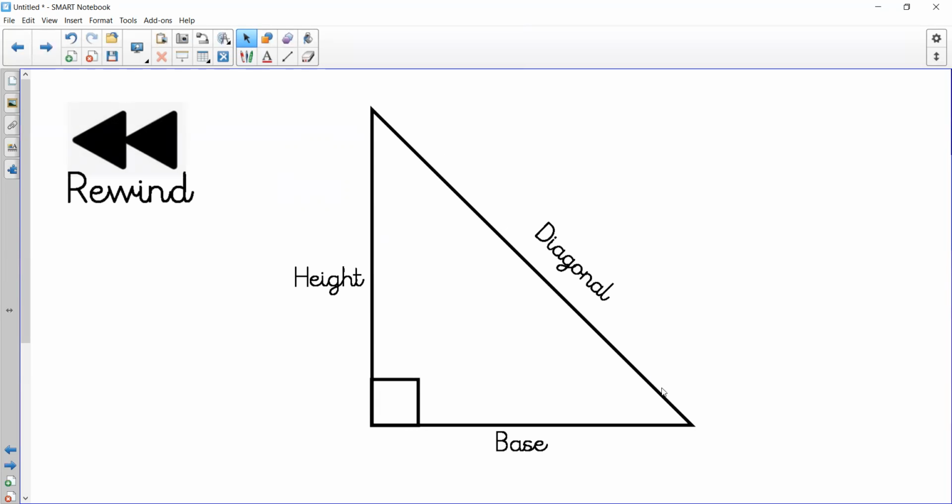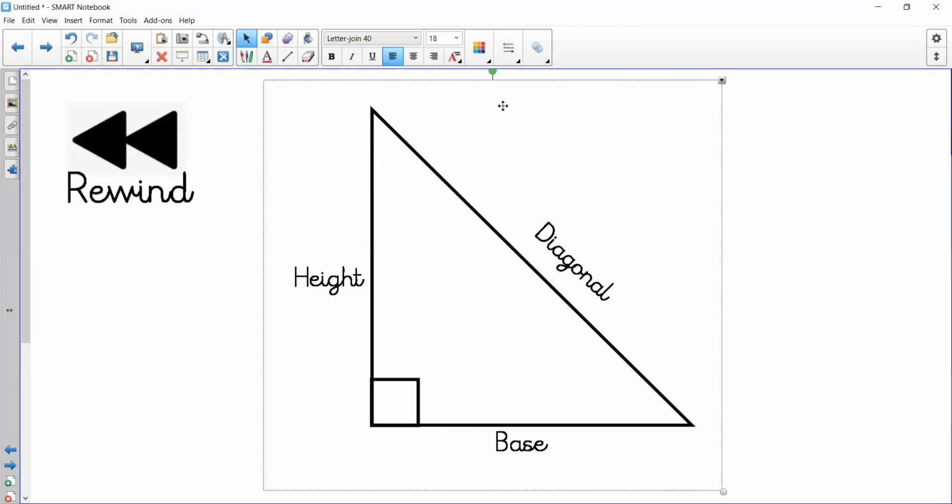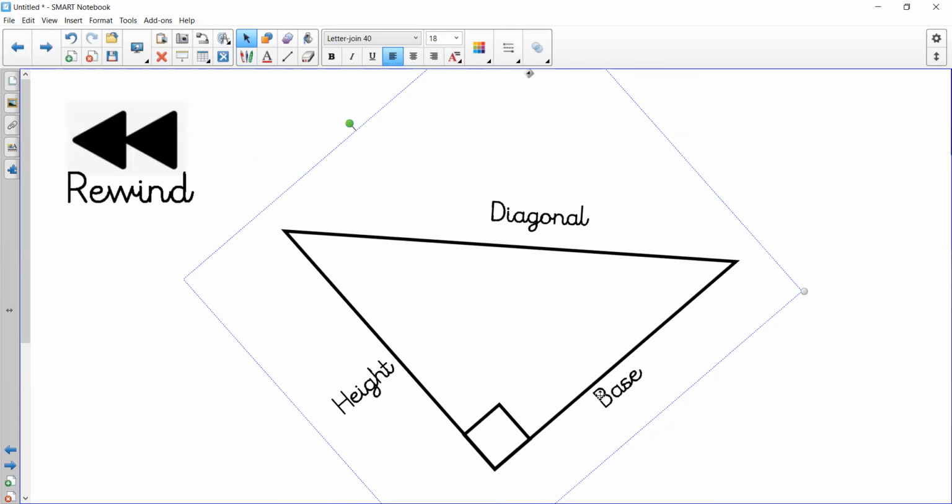This little fella, the diagonal, I reckon will trip quite a few of you up, because I reckon you'll think that the diagonal line is the height of the triangle, but it's not, okay? The height of the triangle is where, from the base, you can draw a perpendicular line, a line that makes a right angle, to its highest point, okay? And here is the highest point, and so that is the height. Now, it doesn't matter if I turn that triangle round, those lines are all the same.